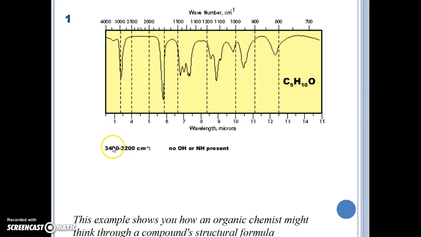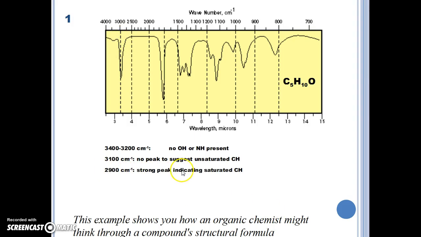For instance, between 3,400 and 3,200 reciprocal centimeters, you see there is nothing going on. So there's no OH or NH present. Around 3,100 reciprocal centimeters, there's no peak to suggest we have an unsaturated carbon-hydrogen bond. So there's nothing here.